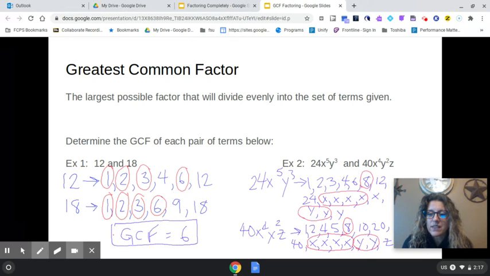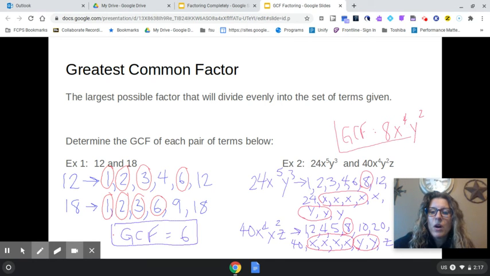So as far as the GCF goes, we would have 8x to the 4th y squared as our GCF. When it comes to variables, you want to pick the smaller exponent in order for it to be common.